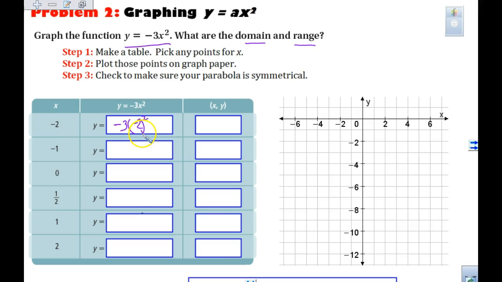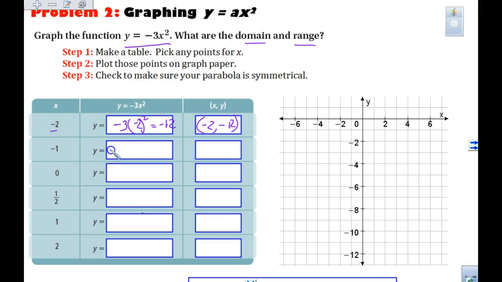I'm taking negative 2 times negative 2. It's 4. Okay, so we get 4 times negative 3, which means this is negative 12. Write the ordered pair. The ordered pair is negative 2, negative 12.